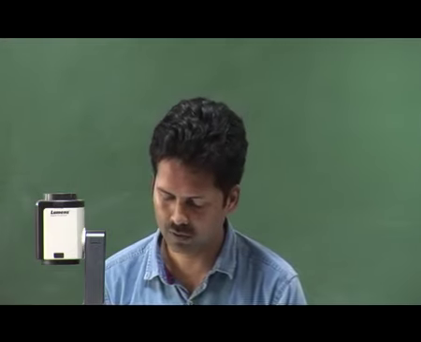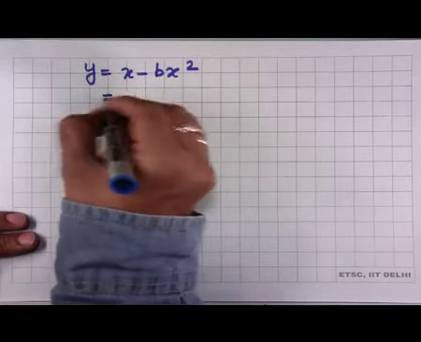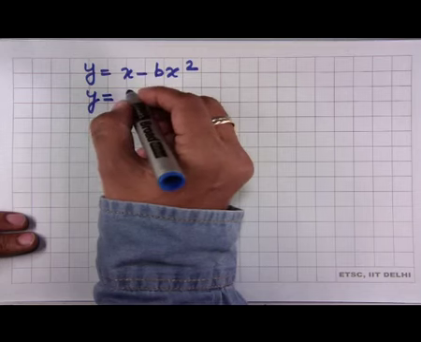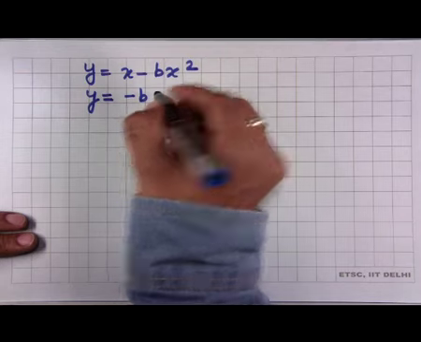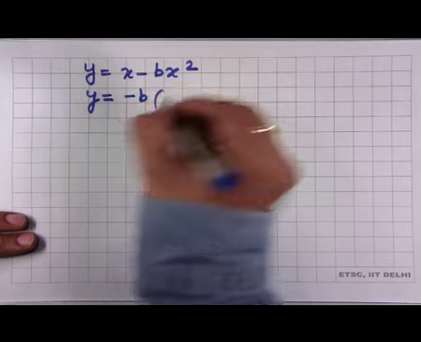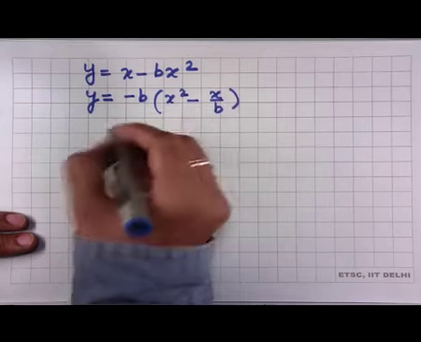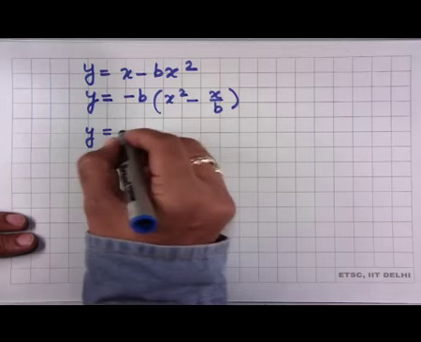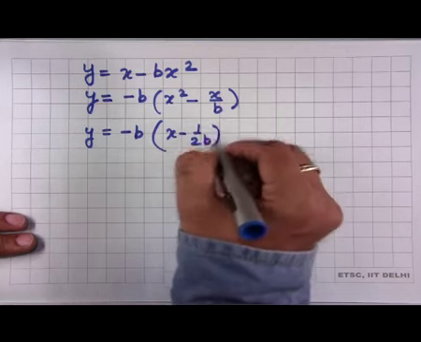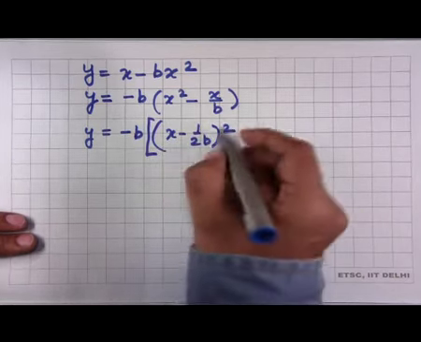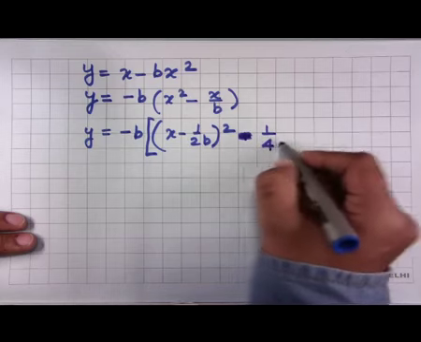Let us plot y equals x minus bx square. This we can write as minus b, taking common, x square minus x by b, which we can write as the completed square, plus 1 by 4b square, minus 1 by 4b square.